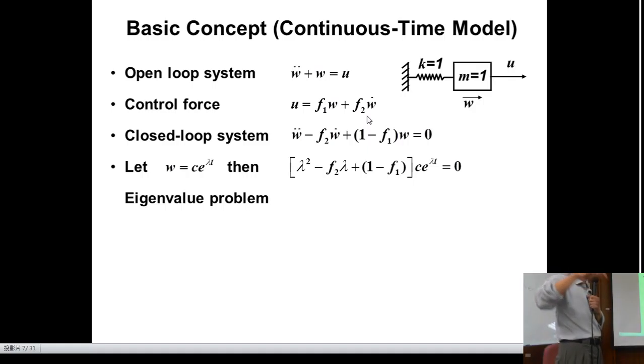As a matter of fact, I may not have time to prove to you that under this assumption I have W and W dot.